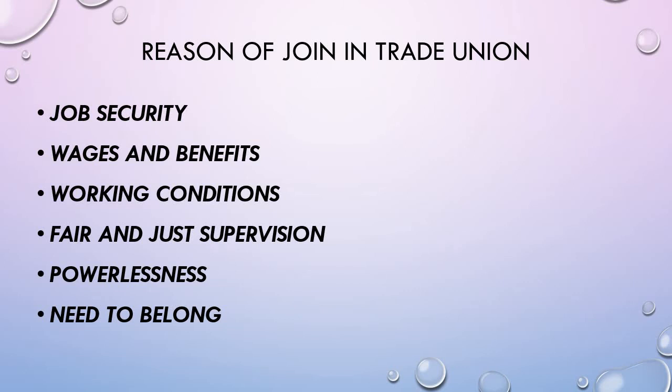Fair and just supervision. The days are long gone when managers or leaders could rule employees with an iron fist. Thanks to the trade union that brought about a shift in leadership style from autocratic to democratic, or say people oriented, to ensure that managers treat their employees fairly, justly and respectfully.